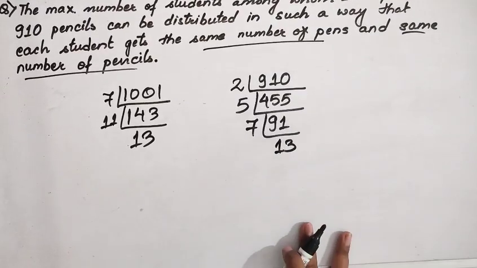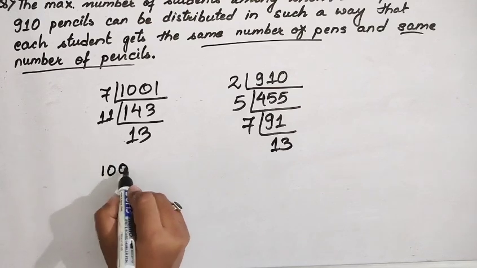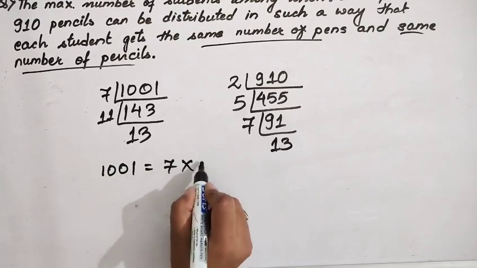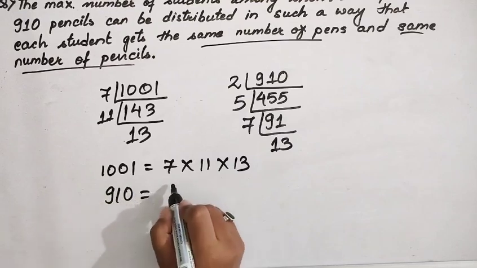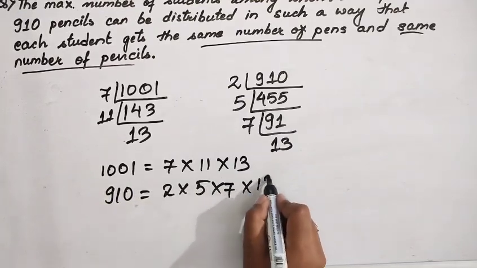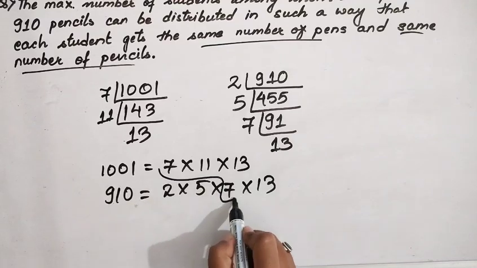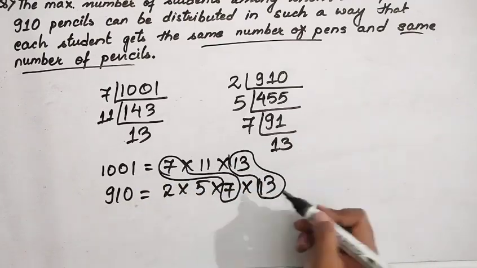So we can see over here that for 1001 it is 7 into 11 into 13, and for 910 it is 2 into 5 into 7 into 13. Here we can see that 7 and 13 are the common factors.